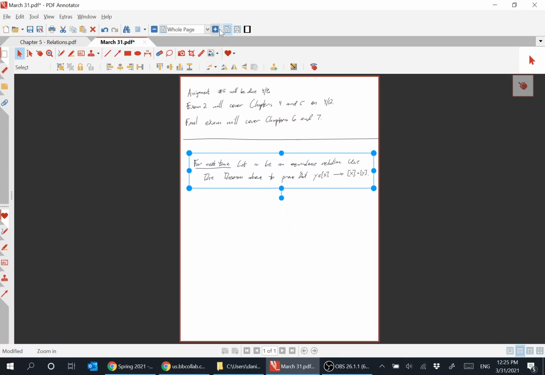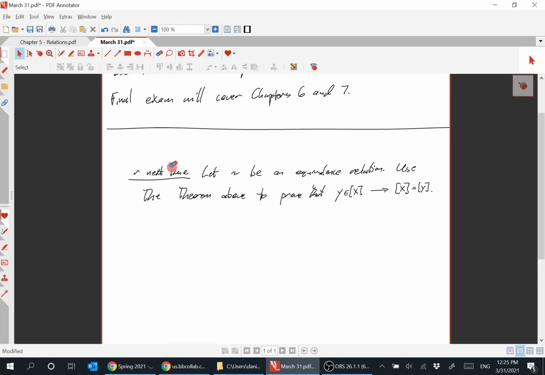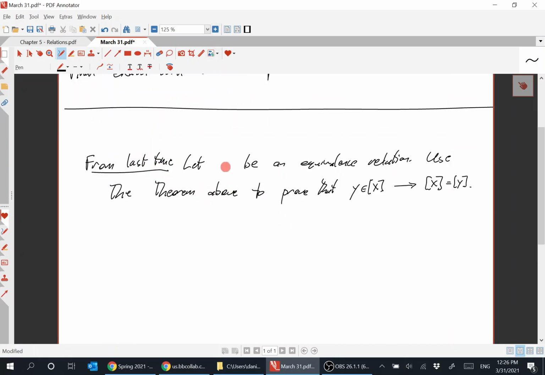So from last time, let's actually do that. Let tilde be an equivalence relation, okay, and use the theorem, the partitioning theorem, to prove that if y is an element of the equivalence class of x, then the equivalence class of x is equal to the equivalence class of y.